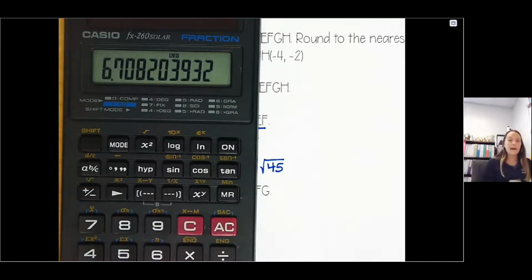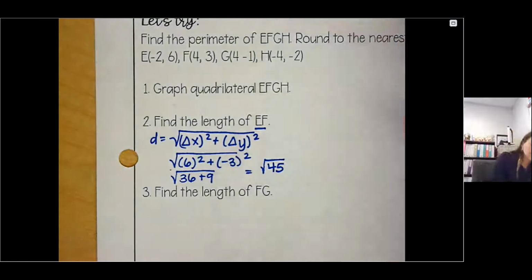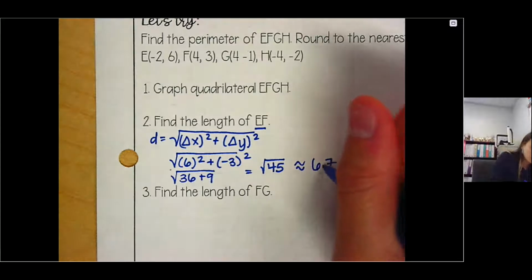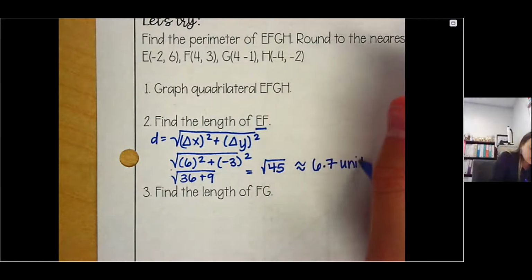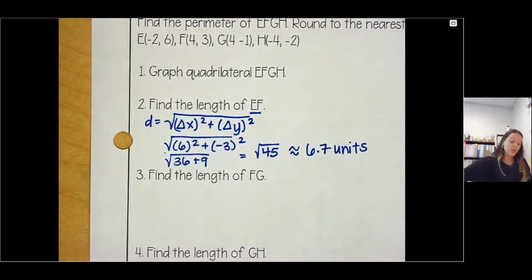My answer is about, rounding to our tenths, 6.7. And because we're talking about a distance, I need some kind of label, so we're just going to label it units. There's the first length.